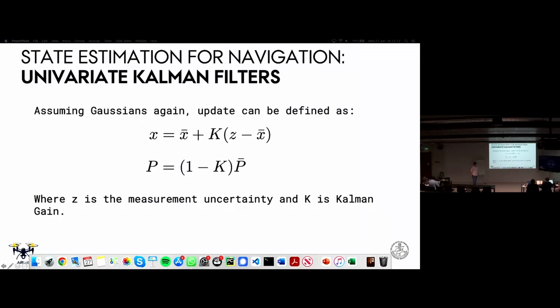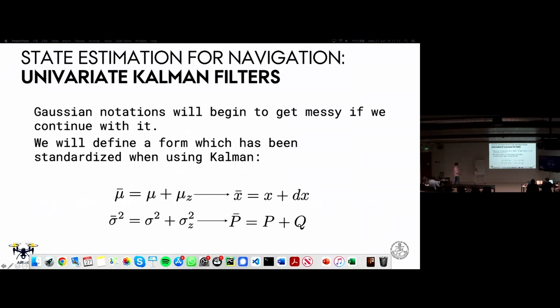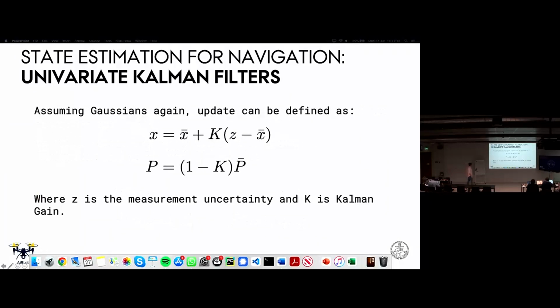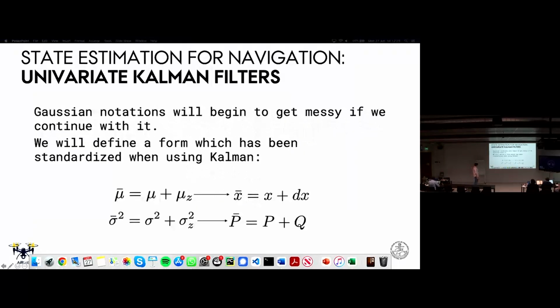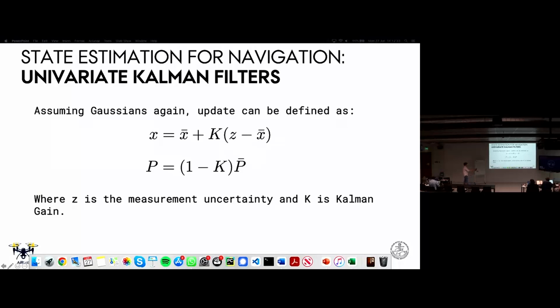So you can assume these Gaussians again, and from prediction here, you can go into the update step that we have seen from the Bayesian filters, and you can define it quite simply. Whatever state we have predicted as a prior here, you can feed it into an equation, taking into account the relative measurement that we have seen at the next time step.